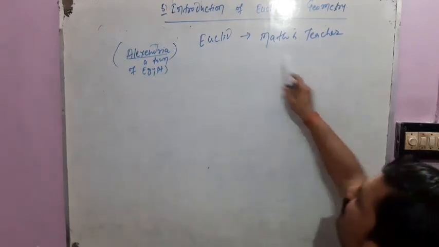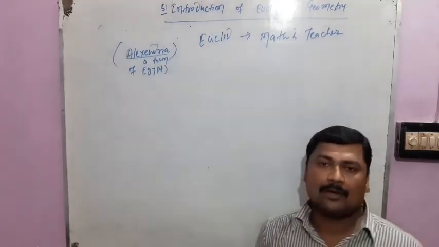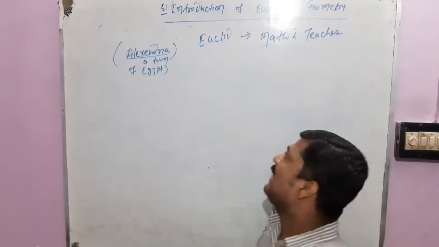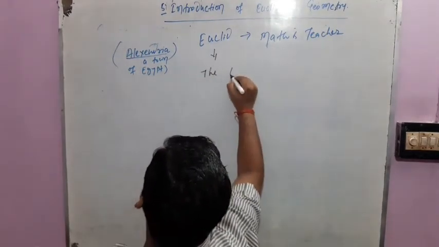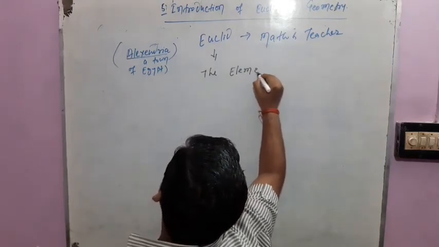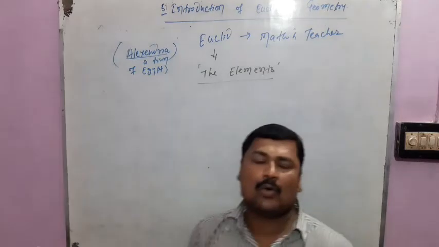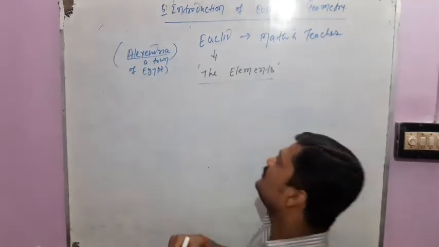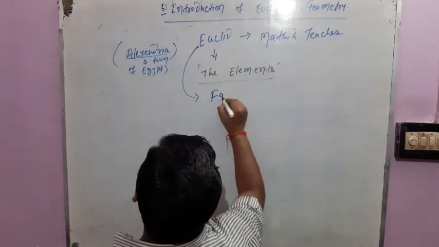There was a great contribution of Euclid in the field of maths. He told what geometry is and how we will study it, and he was the first person who wrote a book whose name is The Elements. Means he was the first person who wrote a book related to geometry. So due to this contribution, Euclid was known as the father of geometry.